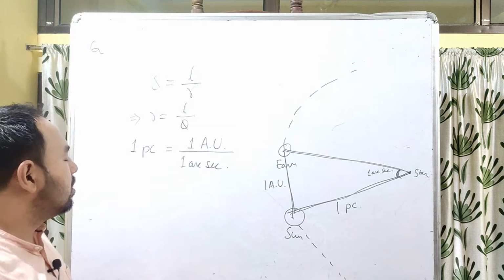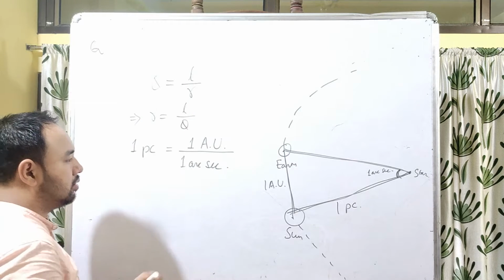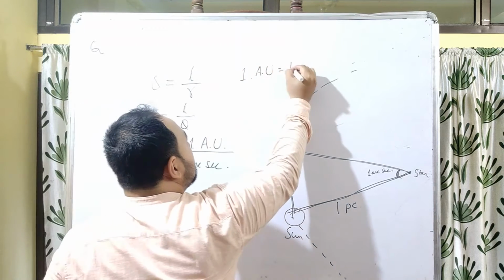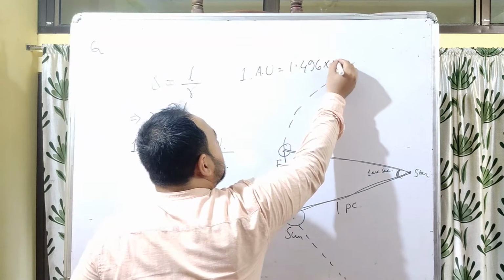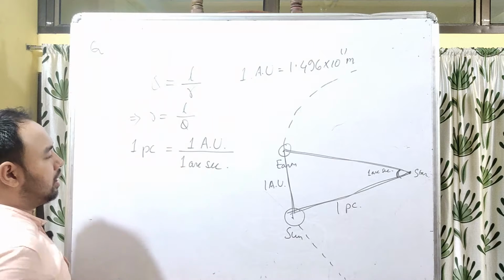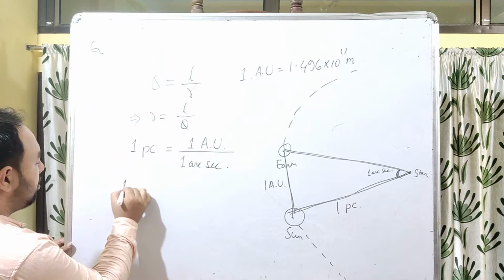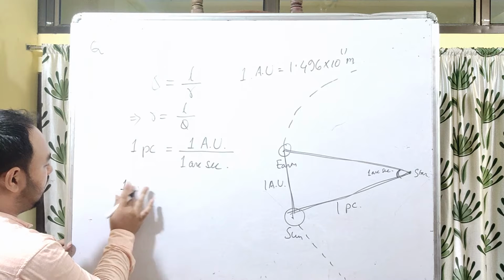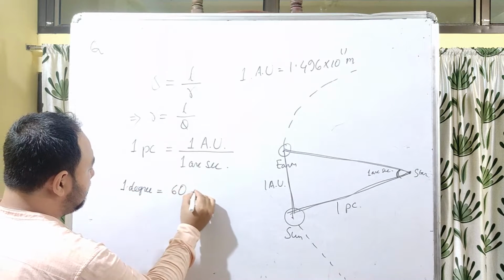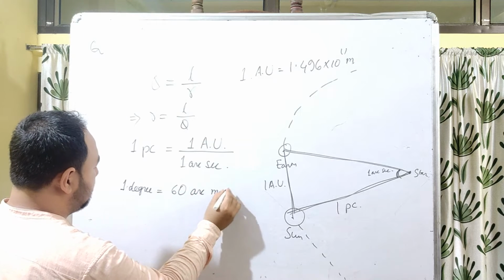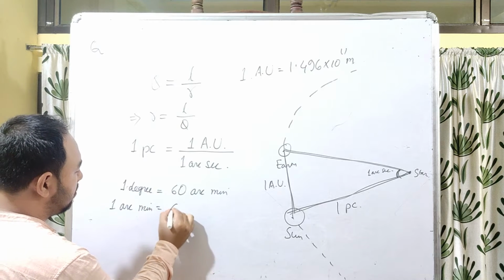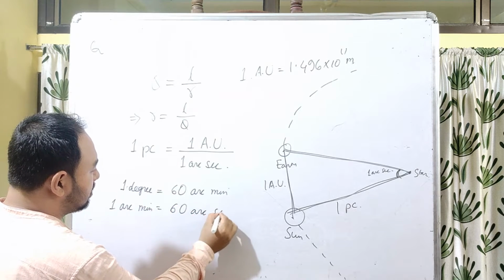Now we have to convert this into SI unit. 1 astronomical unit is 1.496 × 10^11 meter. And what about 1 arc second? 1 degree is 60 arc minute, and 1 arc minute is equal to 60 arc second.